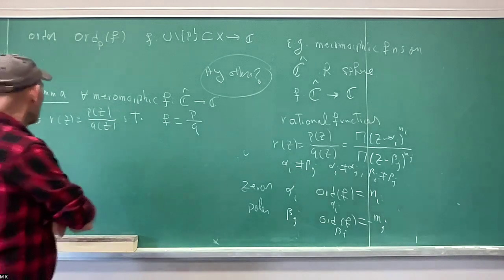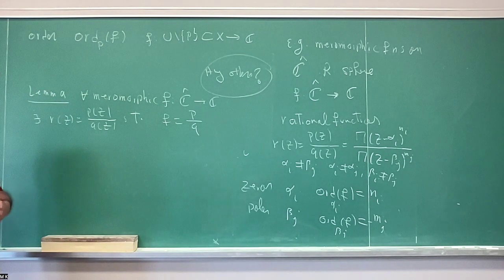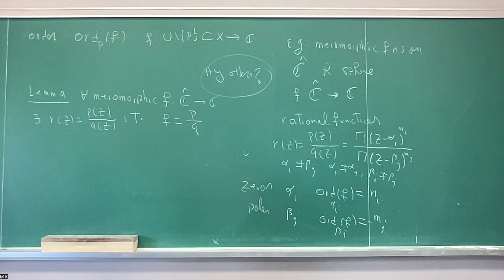What we are going to do with this meromorphic f from C hat to C is show something like this. One thing we can do is, if the only pole is at infinity, then it has to be a polynomial, because if we write the power series, it has to end so that it's not an essential singularity. Yes, you can use that argument and reduce to a complex analysis fact.